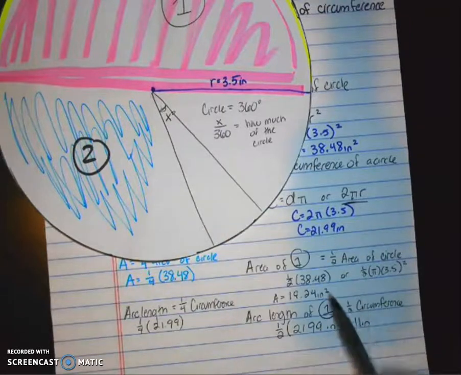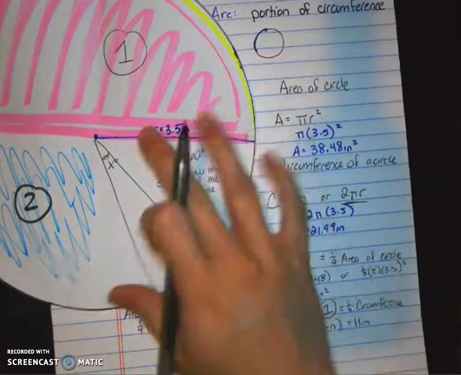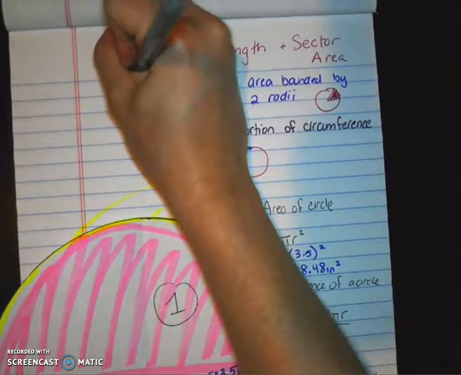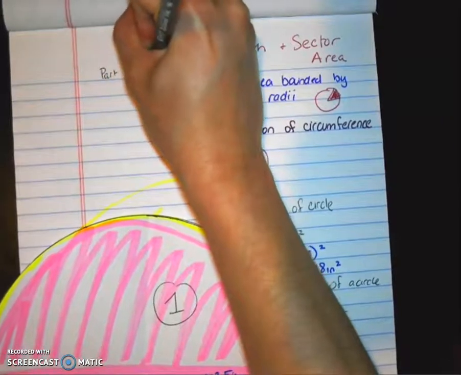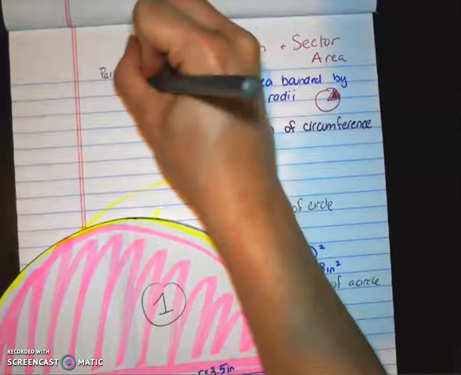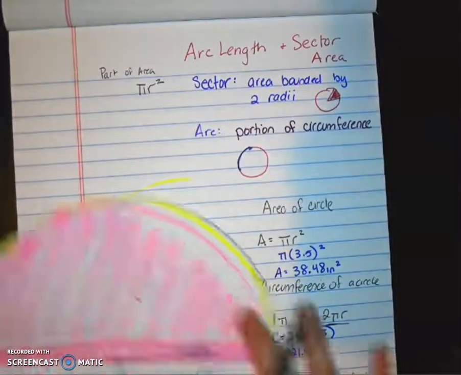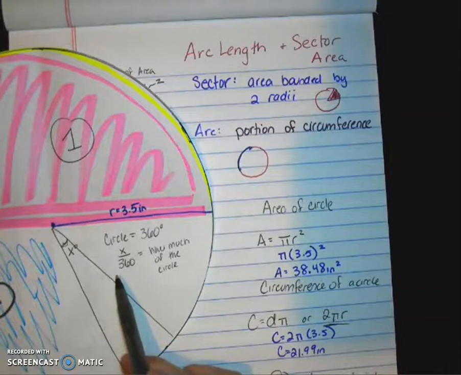If we were to generalize this into a formula, we know that area is pi r squared. So our sector area, it's a part of the area, right? So area is going to be pi r squared. How do we find our part? We find our part by looking at how much out of 360 that we have.